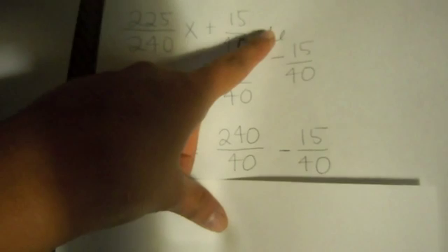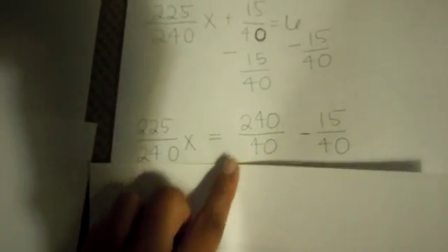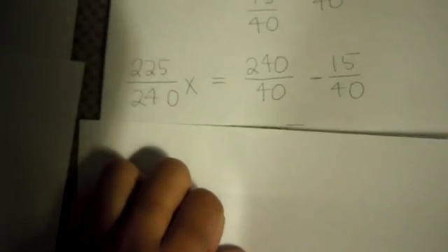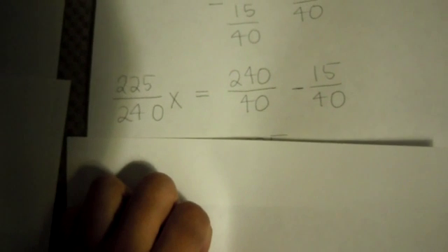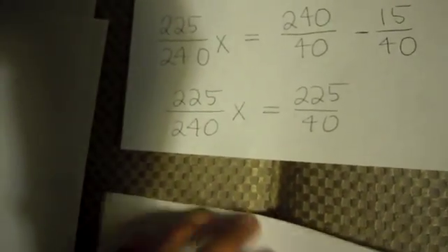I'm going to multiply 6 by 40, and I get 240 over 40. So now I have 225 over 240x equals 240 over 40 minus 15 over 40. And when I subtract these two, I get 225 over 40.